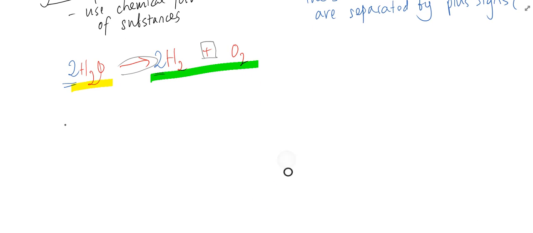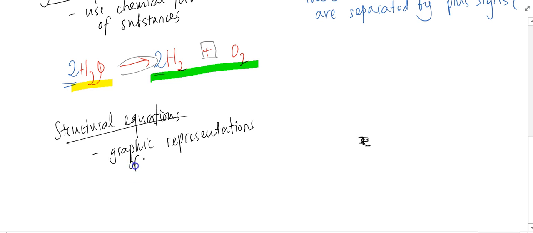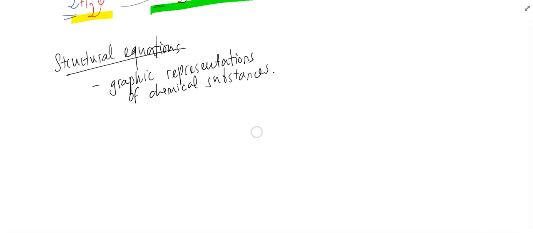Now, the last of the ways that we can represent chemical reactions are structural equations. Now, structural equations use graphic representations of chemical substances. So going back to our water splitting example, we have water looking like this.